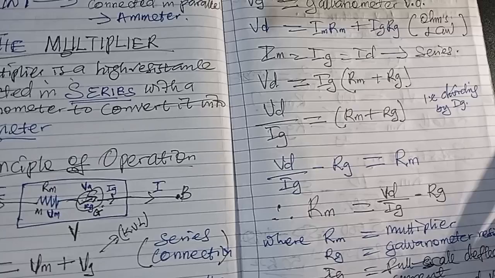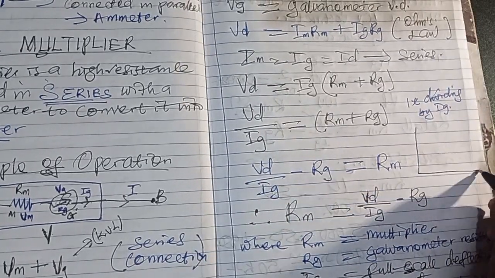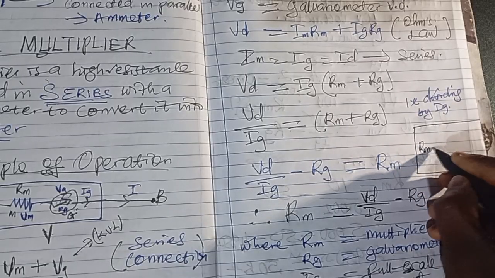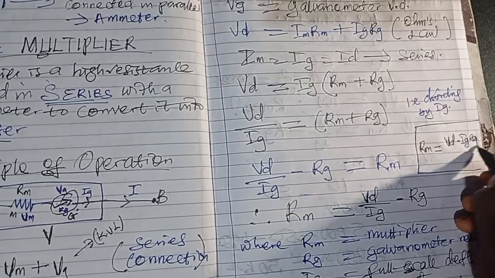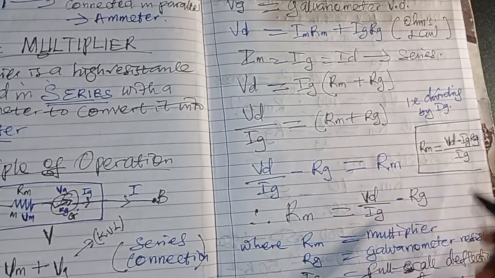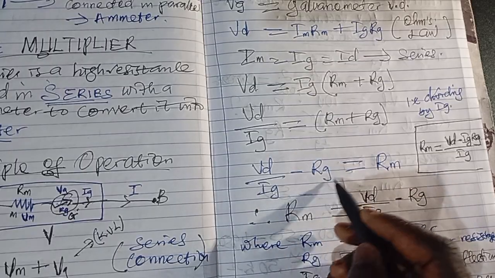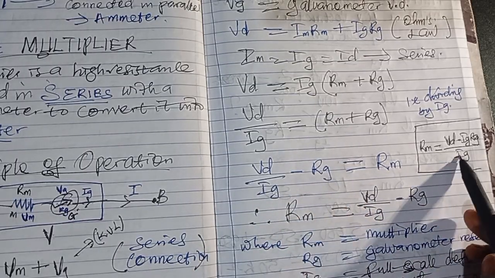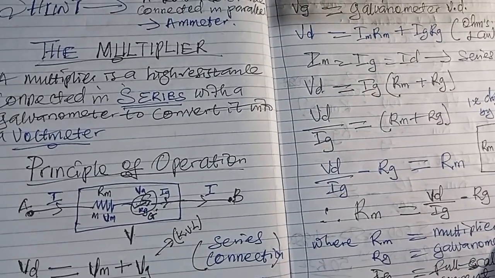Do you know that you can also write this formula this way, that your Rm is equal to Vd minus Ig Rg, all divided by Ig? That is just simplifying this as a simple fraction. There is an invisible one here. When you simplify this as a simple fraction, you get this. Either this or this, you can still use it to solve for the value of the multiplier.